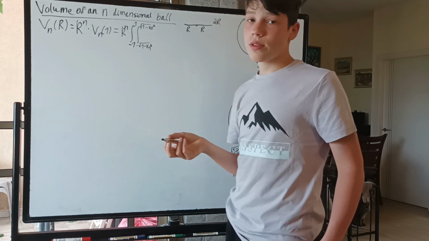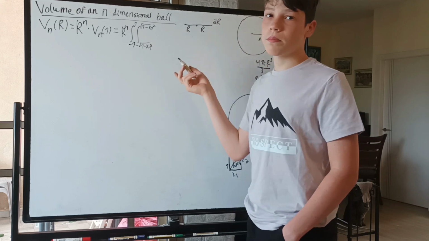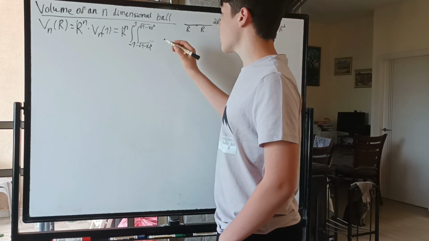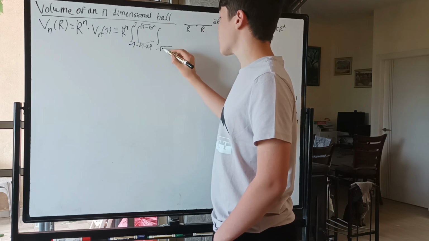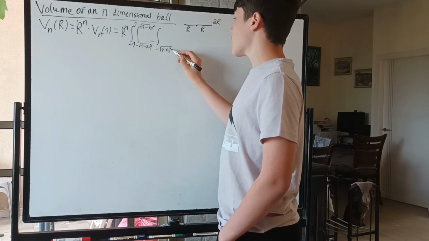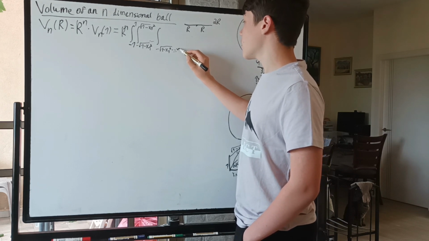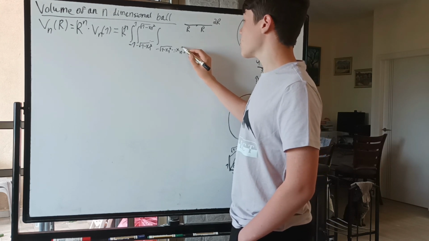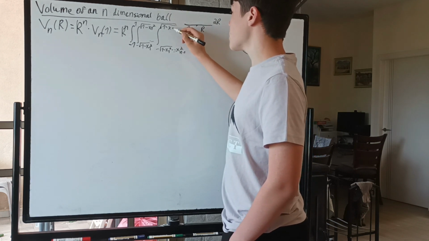And then there's another integral, negative square root of 1 minus x1 squared minus x2 squared to the positive of that. And we're going to have integrals up until negative square root of 1 minus x1 squared minus x2 squared up until minus xn minus 1 squared, and then up until the positive of this square root.